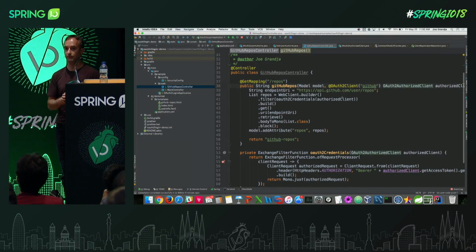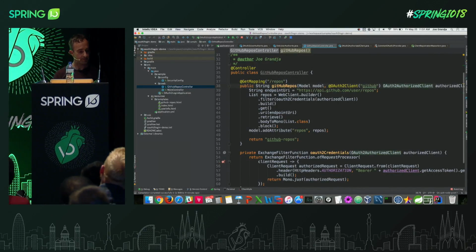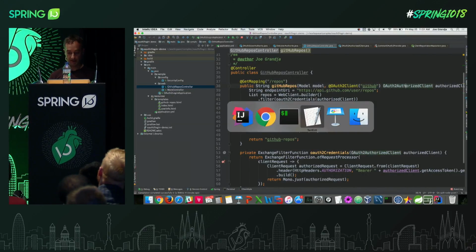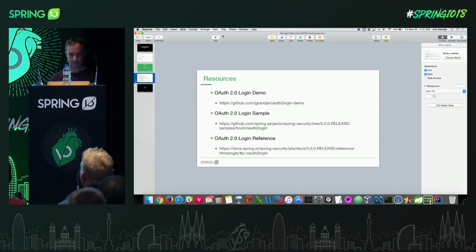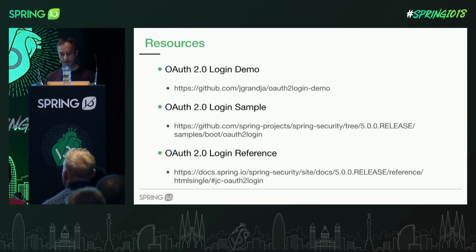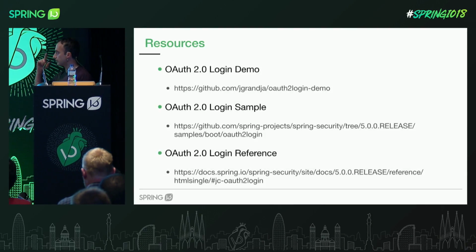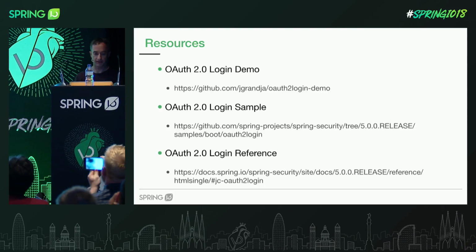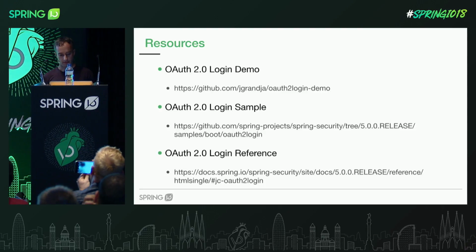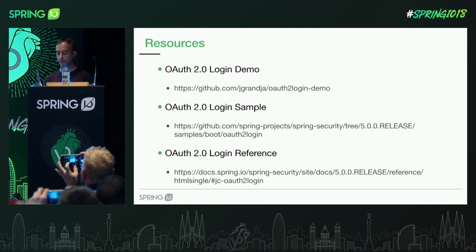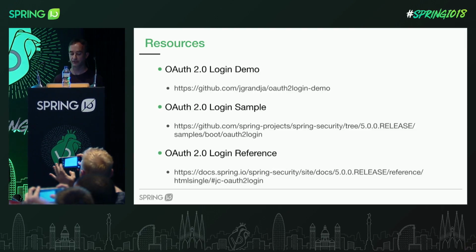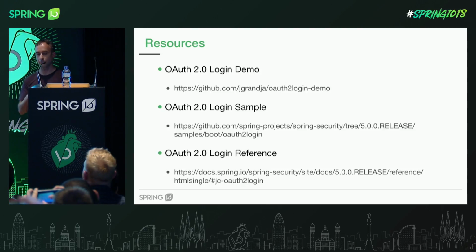The last thing, I'm totally done now, but I'm going to put up this slide. If you want to take a look at this code, that's the GitHub repo, the first one. And the second one, there's a few samples actually. This one is the first OAuth 2 login sample.